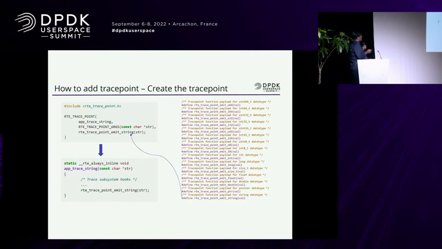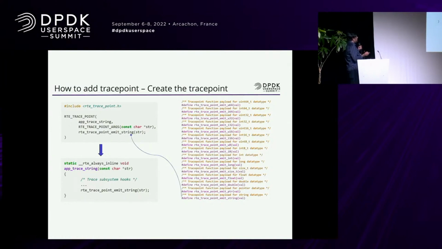The first parameter is the function that is going to be called by the application. If you see this function, its macro is going to get expanded like this, where app trace is a function, and all this information will be added by the macro. The second parameter is the function arguments.